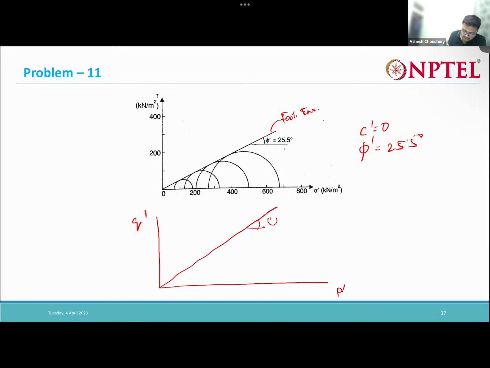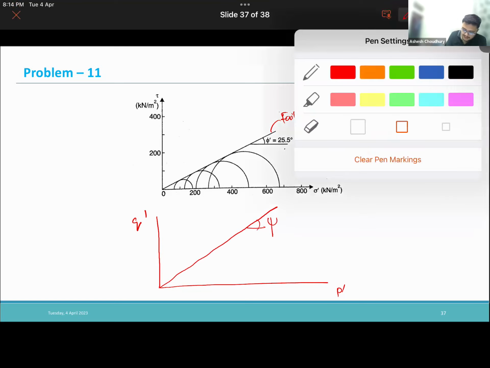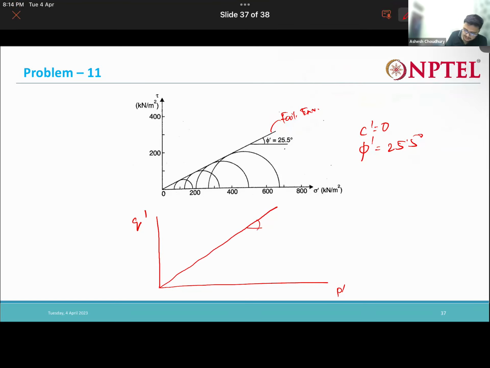This will give you the alpha value, which you will get as 23 degrees. Now you had one relation between alpha and phi, right? What was the relation?